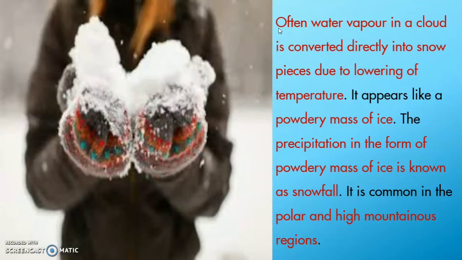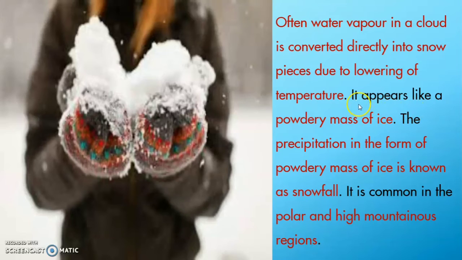Now let's see how snow is formed. See children, often water vapor in a cloud is converted directly into snow pieces due to lowering of temperature. That is below freezing point, that is below 0 degrees Celsius. So temperature below freezing point is one important condition for the formation of snow.